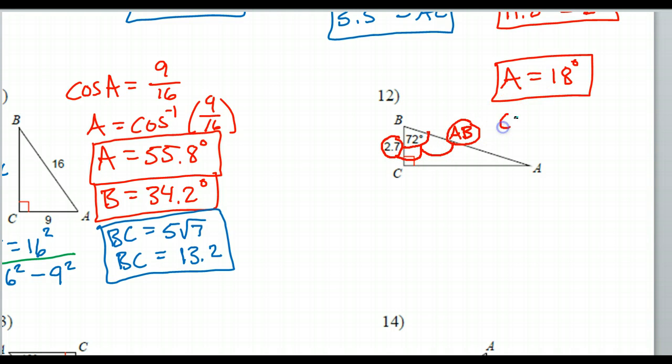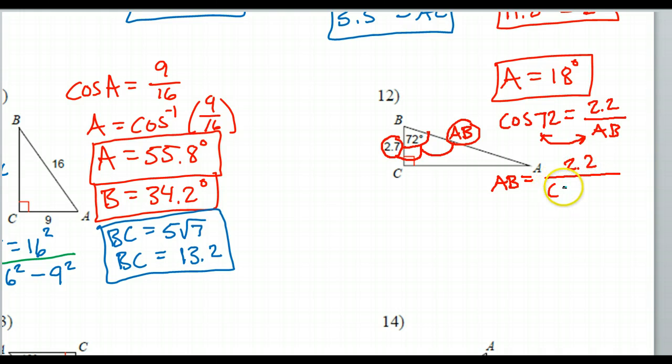So that's the cosine function. So let's go cosine 72 is equal to adjacent over hypotenuse. The unknown is in the denominator, so we will do that reversal that we often do. So that's going to give us that AB is equal to 2.7 over cosine 72, which means AB equals 7.1.